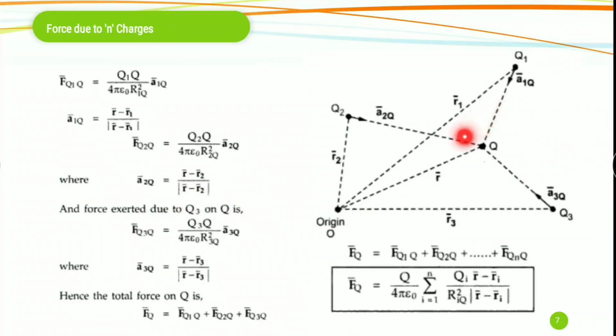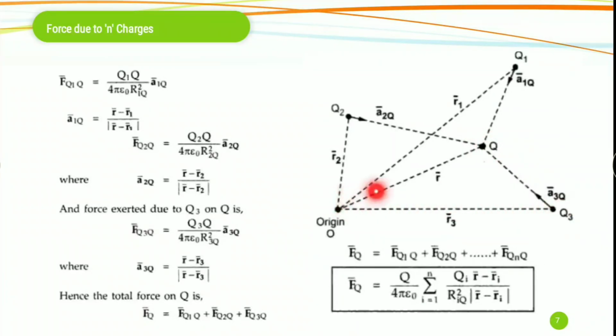In the same similar manner, the force between Q and Q3, that is equal to Q3 Q by 4 pi epsilon naught R square 3Q, A bar 3Q. Now how do we find the A bar 3Q? That is with the help of these two vectors, that is R bar and R3 bar.